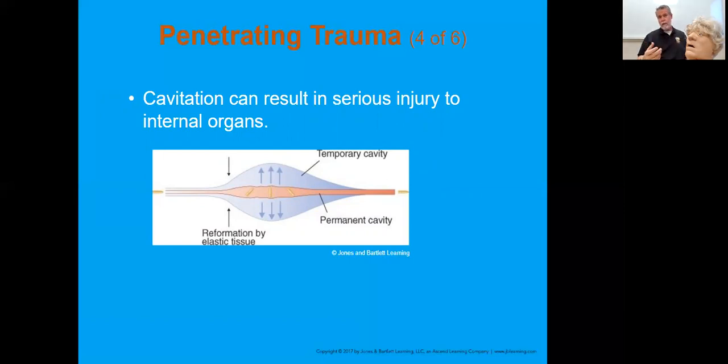If it's a solid organ, it leads to a lot more bleeding. If it was hollow, maybe it causes that to rupture. But that's just cavitation. Remind us in class, we have some really cool videos on cavitation. You can probably find the same things on YouTube, things going in slow motion, and you can see how that tissue actually starts to separate. That's a result of cavitation.